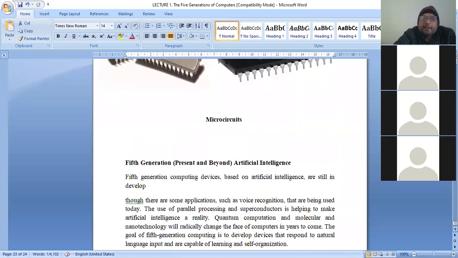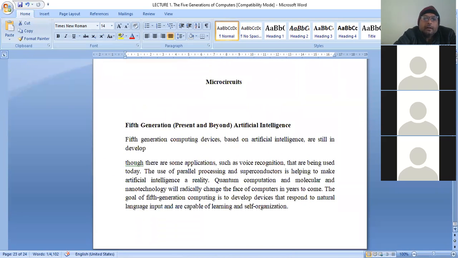Now the fifth generation of computer. We are currently working on the fourth generation computer in our homes. Now people are trying to make the fifth generation computer. They have already started the work, and it is based on artificial intelligence.